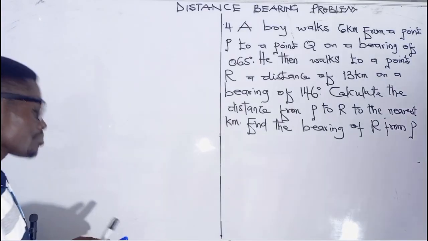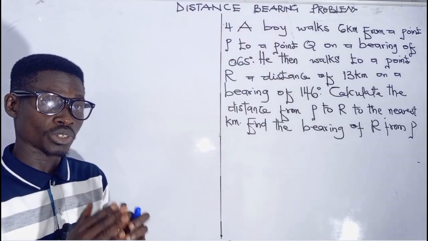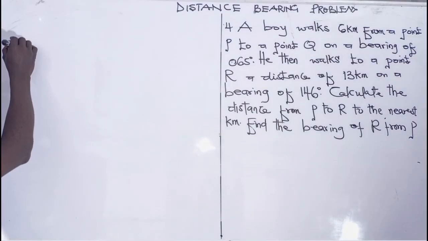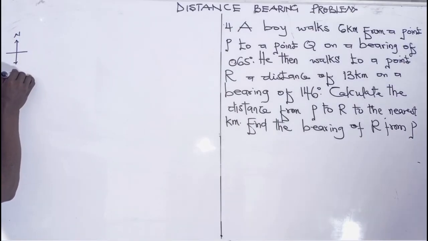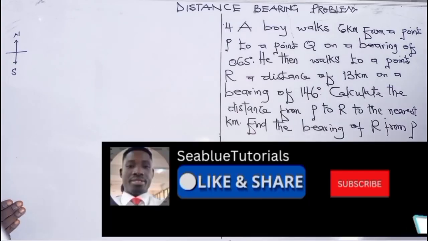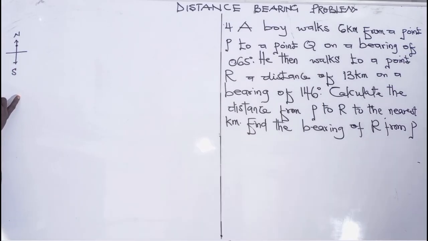So with distance bearing problem, the first thing that you are supposed to do is to draw your cardinal point. So these are north pole, and then this was our south pole. We have already learned that in bearing, angles are measured from the north in a clockwise direction. And we know that 65 degrees will fall in the first quadrant, right?